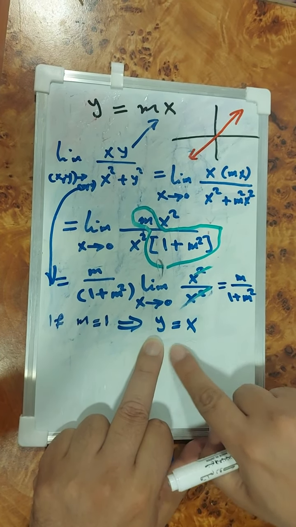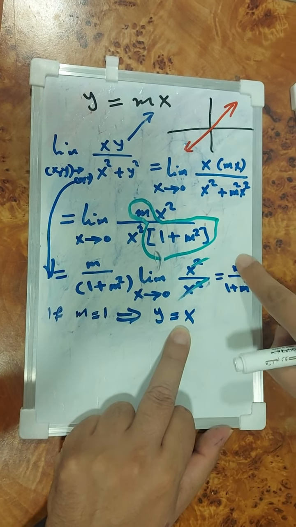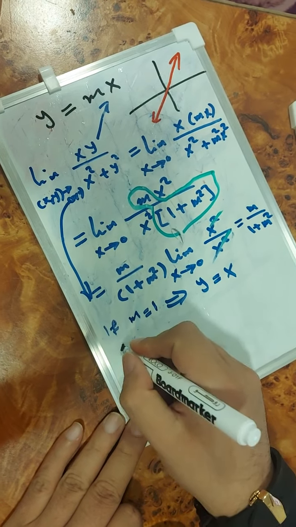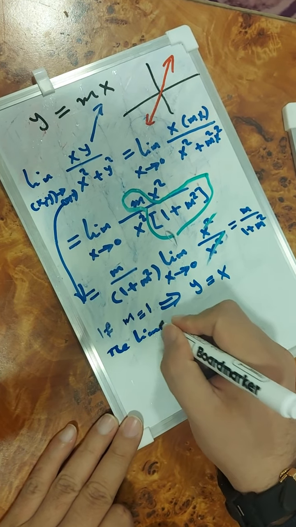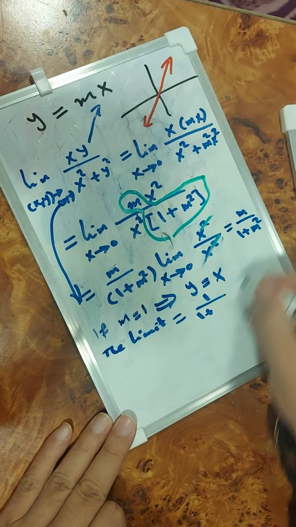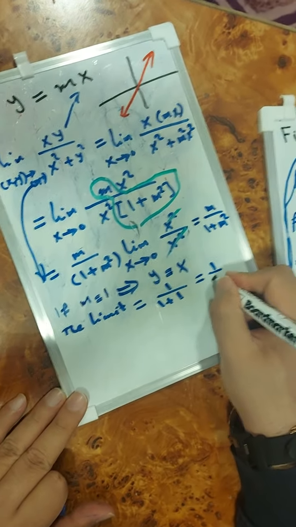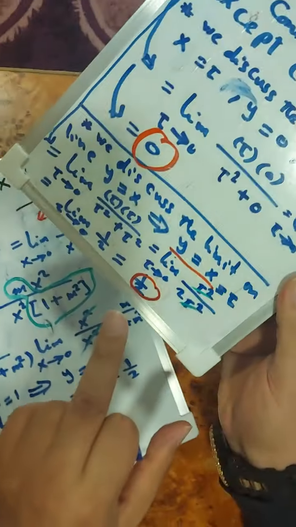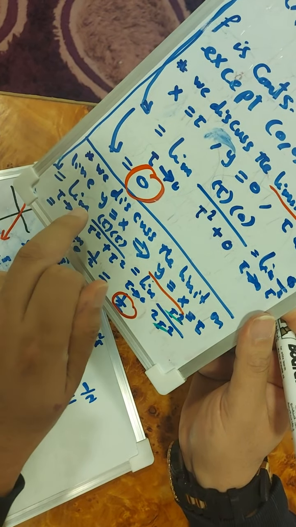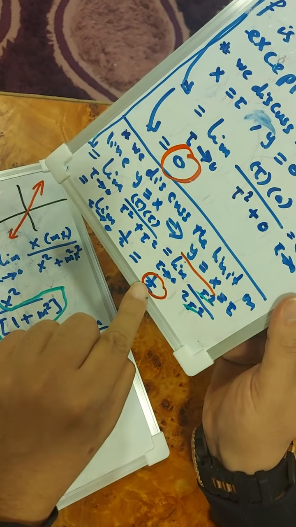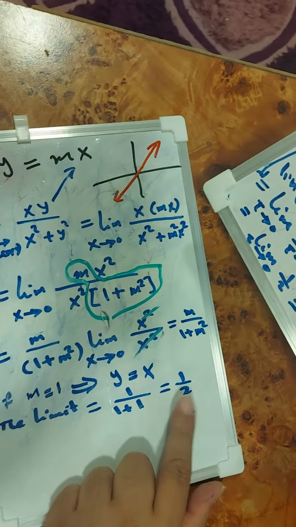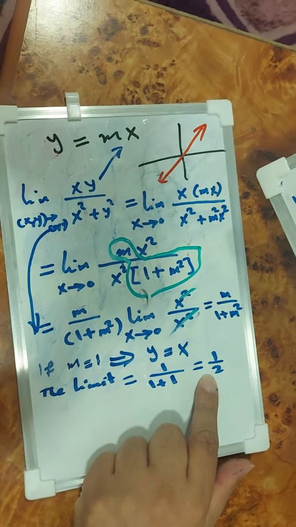Substituting m equal 1 in the limit, the limit equals 1 over 1 plus 1 squared, which is one half, as we have obtained before. This is a confirmation of the limit using another method.